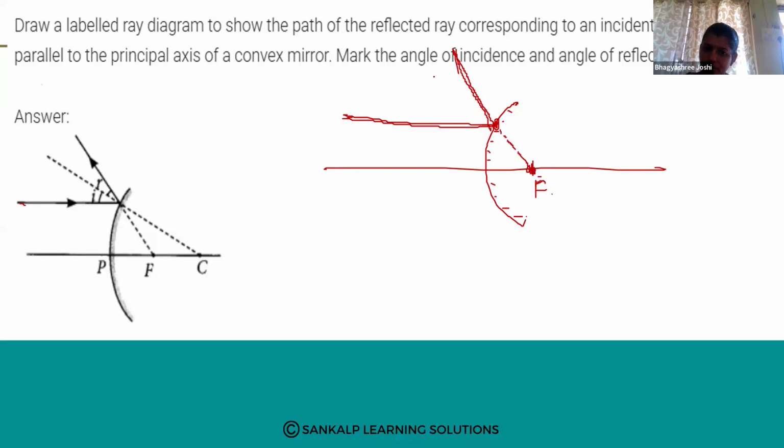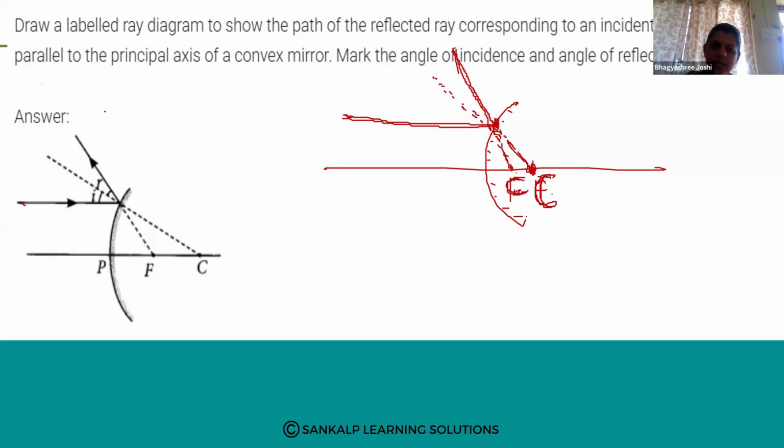And when you draw a normal, that is center of curvature, we will call center of curvature. Okay, so this we will call center of curvature and this is F. Okay, see, if you drag this line, then this is F, principal focus F, and if you draw a normal, when you drag this normal, then it is center of curvature C.